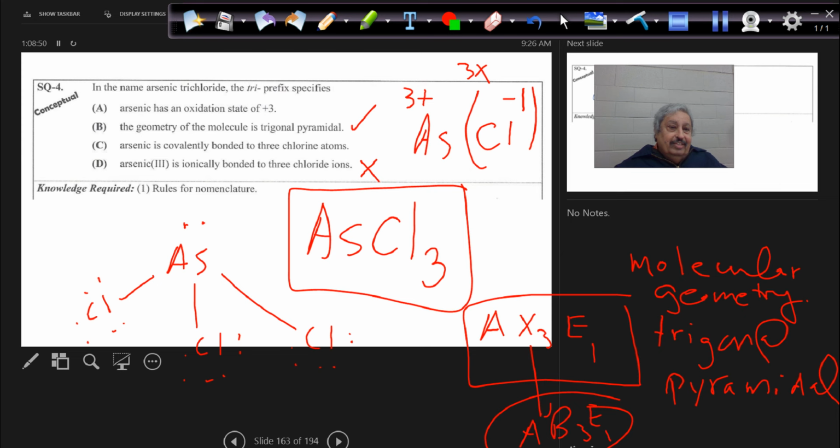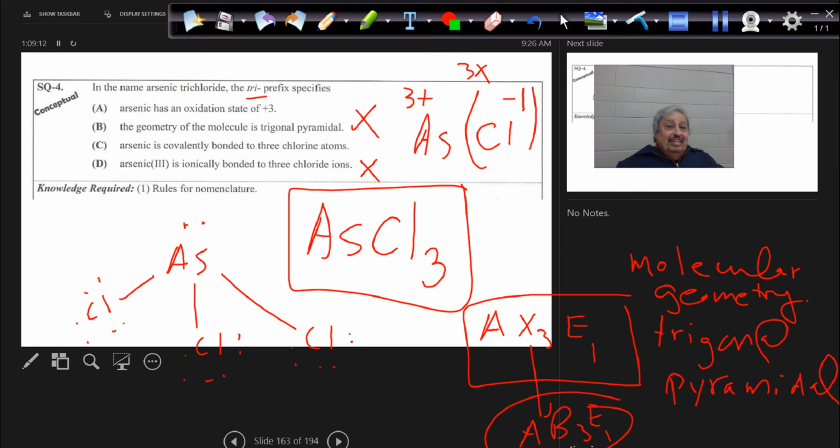Correct or not correct? Look at this. I put it 3 plus. You did not cheat this time? Okay. So, I gave you one that is not correct. The tri has nothing to do with the geometry.